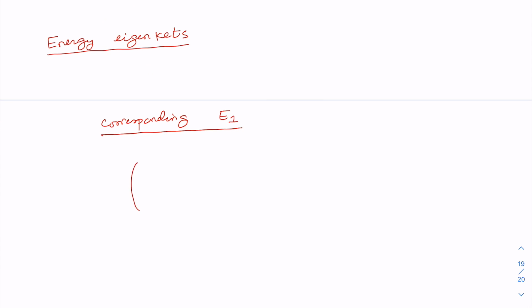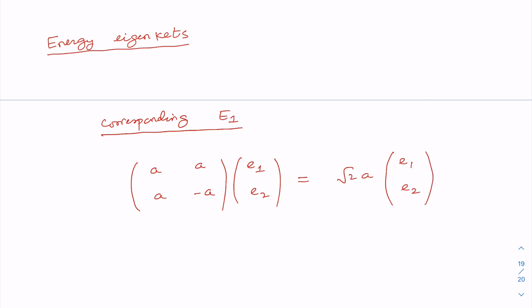So we have to set up this eigenvalue equation. The Hamiltonian is A, A, A, minus A, and let us say the eigenvector is this column vector with elements say e1, e2, the eigenvalue is root 2 A, and the vector is e1, e2.